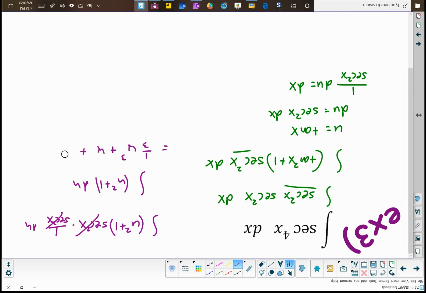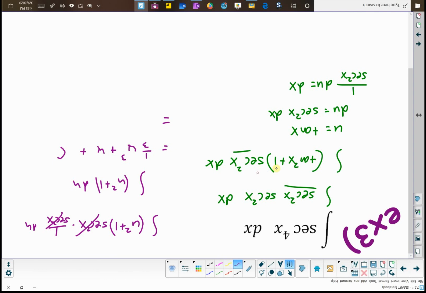So plug u back in: 1/3 tangent cubed x plus tangent x plus c.